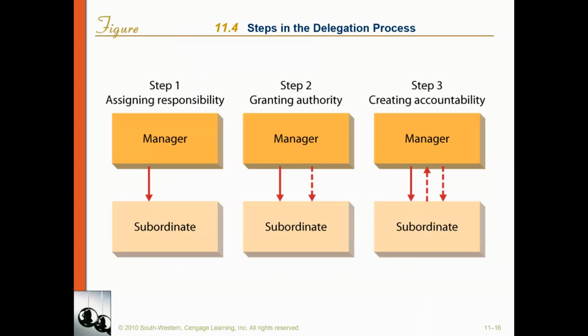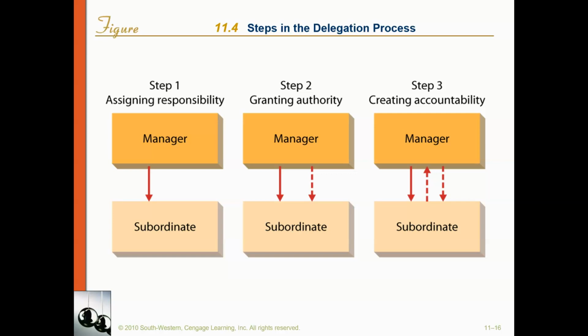We see that delegation has 3 steps. The first one is where the manager assigns responsibility for some task to the subordinate. What's also important, when we give someone responsibility for something, we also have to give them the authority to carry that out.